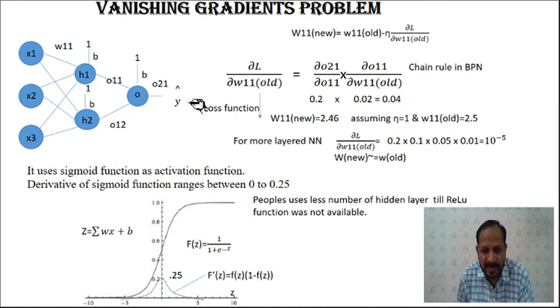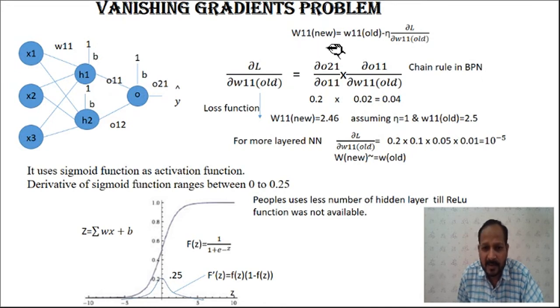In back propagation, we find the error, that is y minus y hat, using a certain loss function, and that error is to be back propagated. While back propagating, we find the effect of the output of the previous node on the output of the next node. So we are going to find the effect of a change in this output on the output of O.